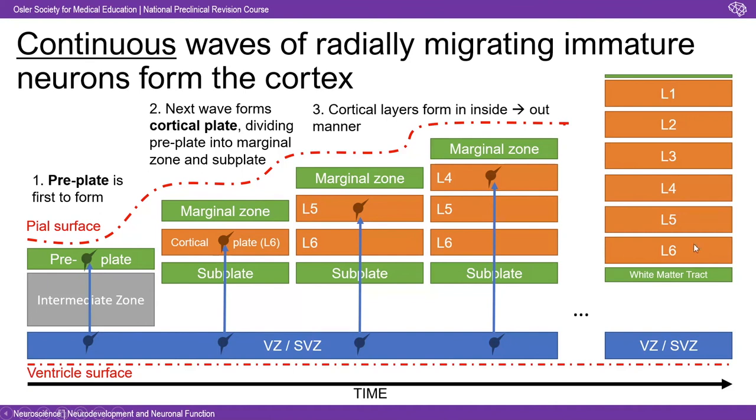We had inside first and then outside last, layer 1 being the last layer to form. And what we see here is that this subplate, which I heralded as the most exciting thing ever, is gone. Most of the cells in the subplate have apoptosed at this point, and the subplate is a transient structure, and it plays a really important role that I will go on to shortly.